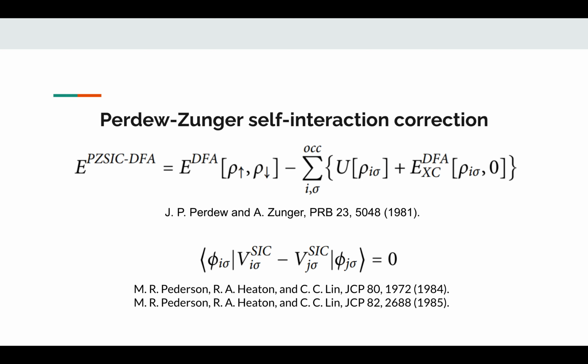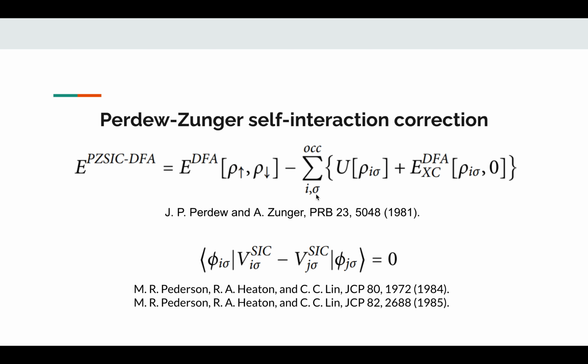Using the FLOSIC software, you can perform the Perdew-Zunger self-interaction correction calculation, PZSIC for short. The PZSIC is expressed with this energy expression, where you take the DFA energy, the density functional approximated energy, and subtract the self-Hartree energy and self-exchange correlation energy for each and every occupied orbital i sigma.